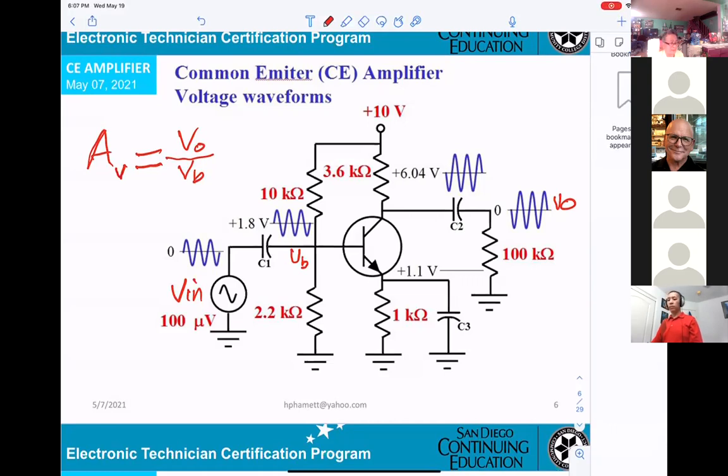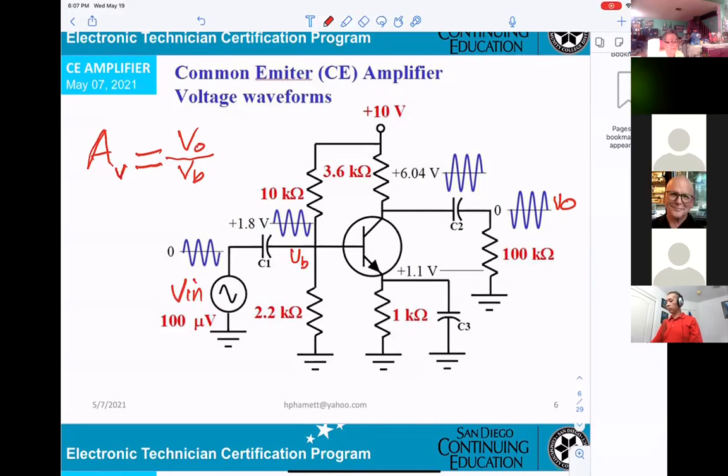Can you follow that? Is that because of the capacitor or what? No, nothing to do with the capacitor. AV won't be negative V out over VB for a common amplifier, it must be common, V out over VB.